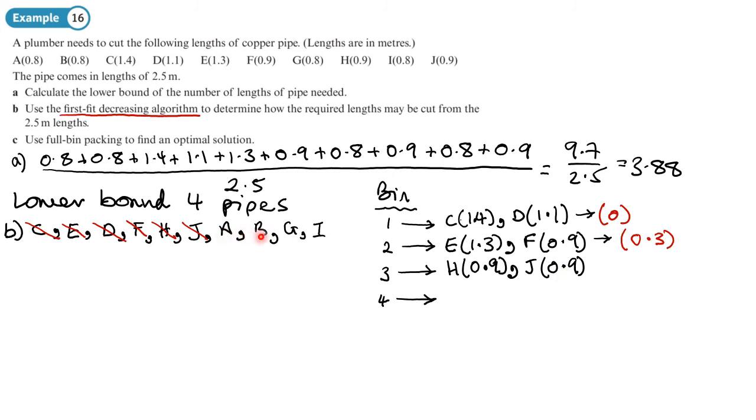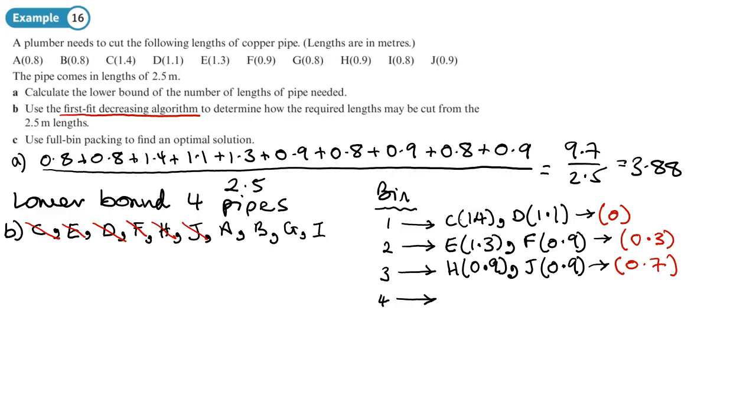Now A won't fit. In fact, we will need a length of 0.7, and there are no lengths of 0.7. So this bin or this pipe has been used. So that will give us how much? 1.8, yeah, 0.7 meters of wasted pipe.